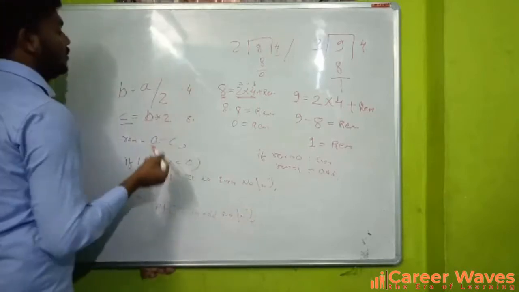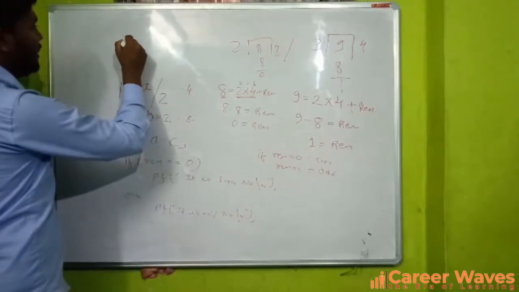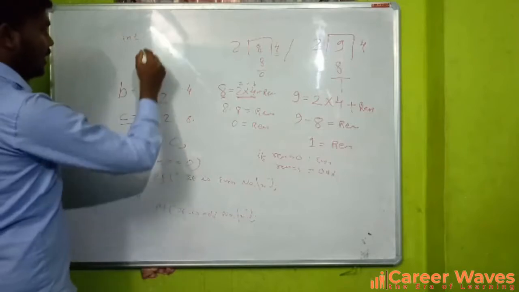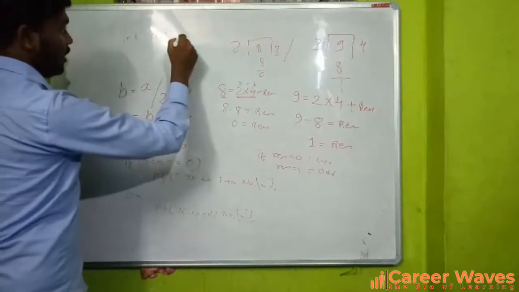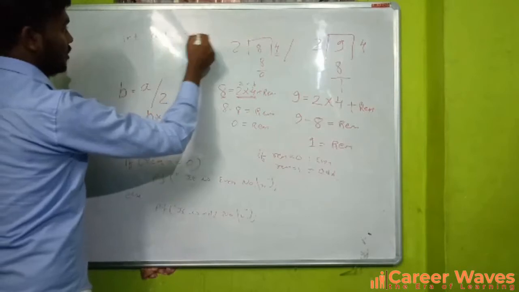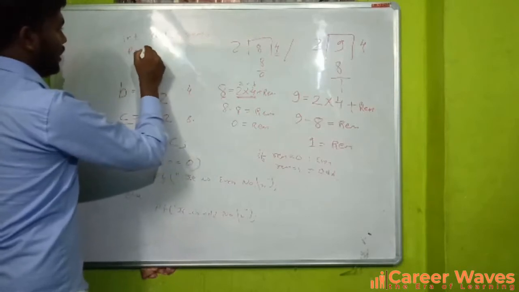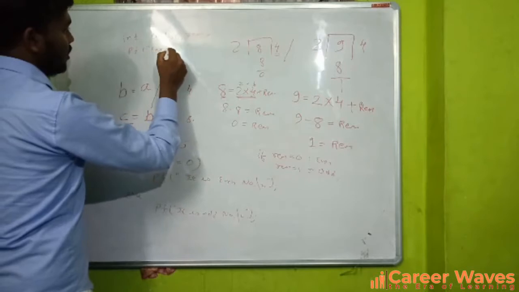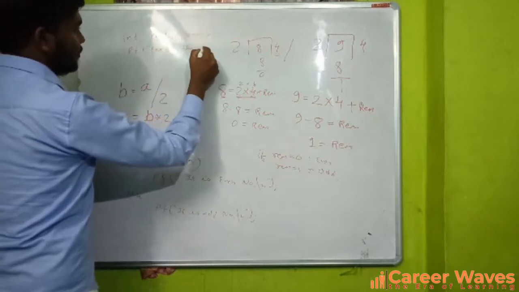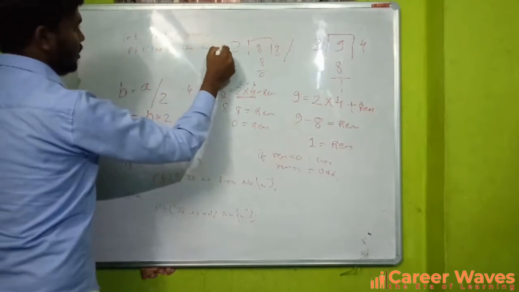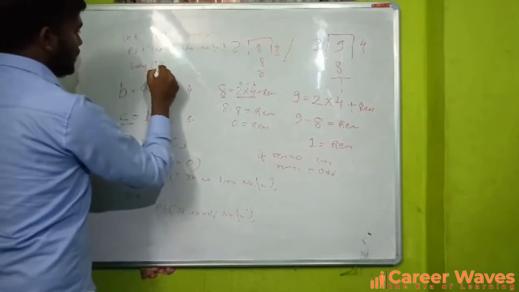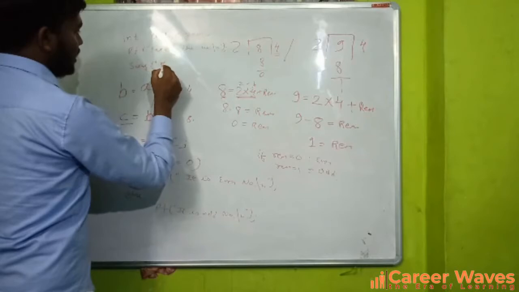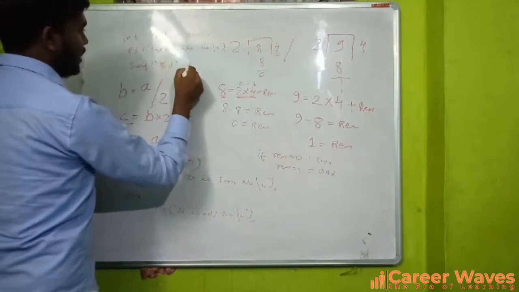Again you have to take the input for a. Let us first define the variables that we have used, int a, b, c and remainder. Printf enter the number, new line, scanf percentage d, since we are entering an integer number.